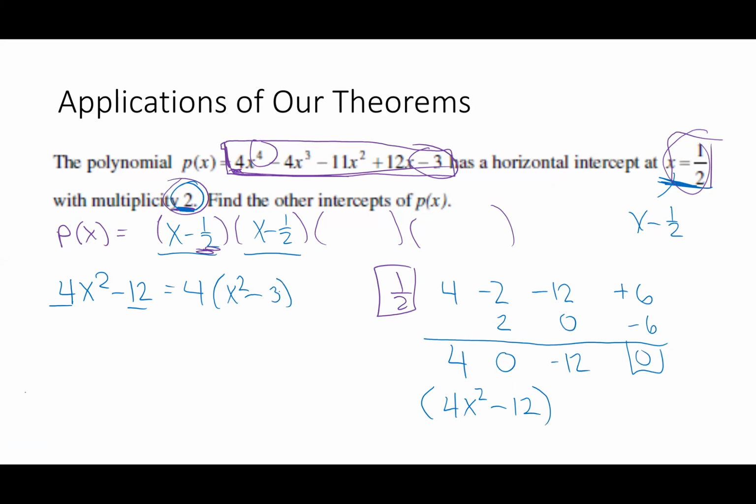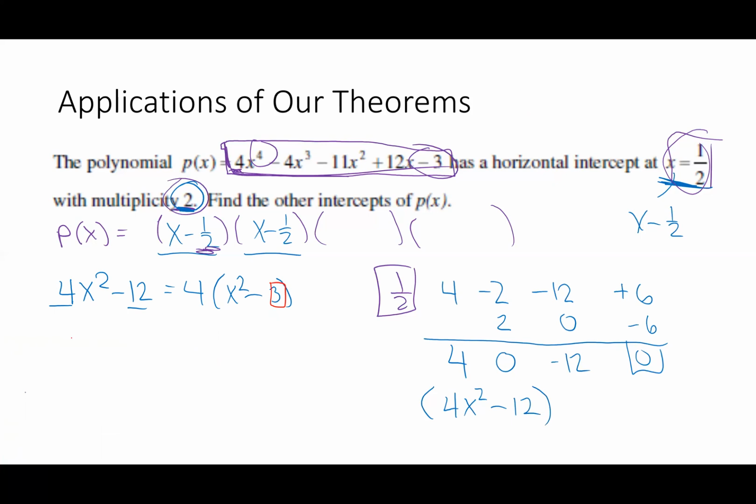Now, from here, believe it or not, there's a couple different ways you could go about this. You could use the quadratic formula to solve this. You could say a is equal to 1, b is equal to 0, and c is equal to negative 3. That's fine. But technically, I can use difference of squares factoring here. And I know it's kind of a weird thing to think about because, well, 3 is not a perfect square.